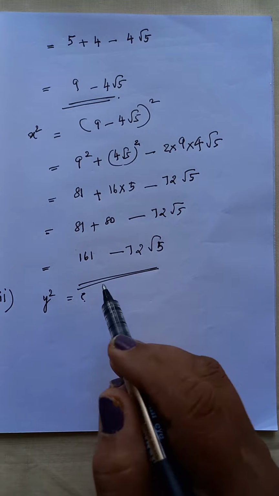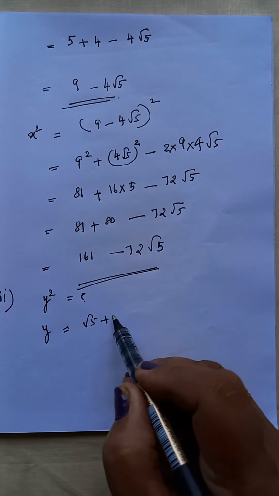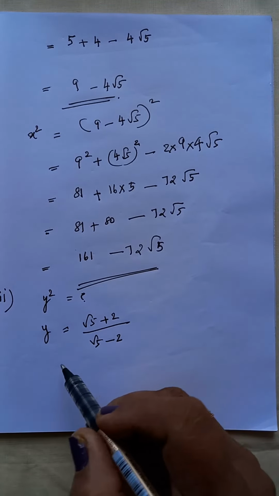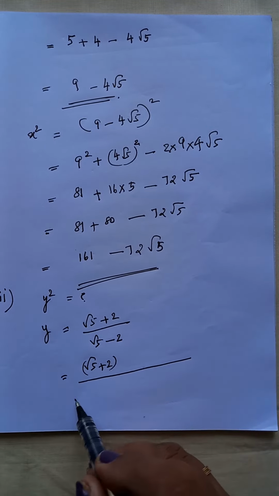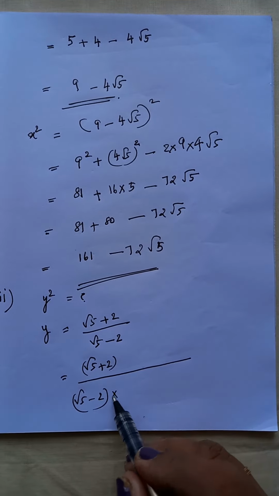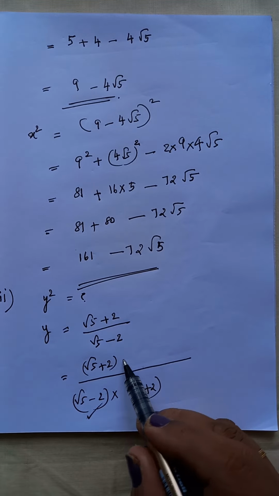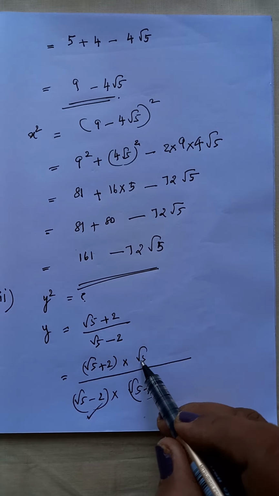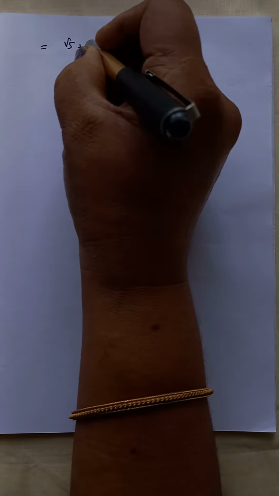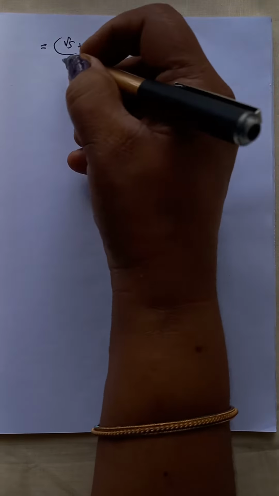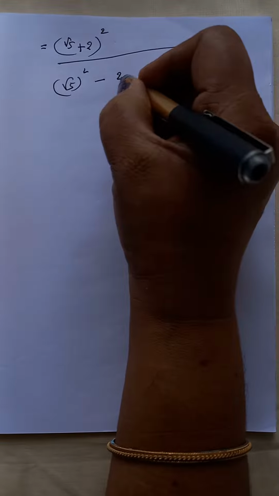In the second sub-question, we have to find out y square. We are given y as root 5 plus 2 by root 5 minus 2. We can rationalize this. The conjugate of root 5 minus 2 is root 5 plus 2. We can multiply the numerator and denominator with root 5 plus 2. Now this is equal to root 5 plus 2 whole square divided by root 5 square minus 2 square.